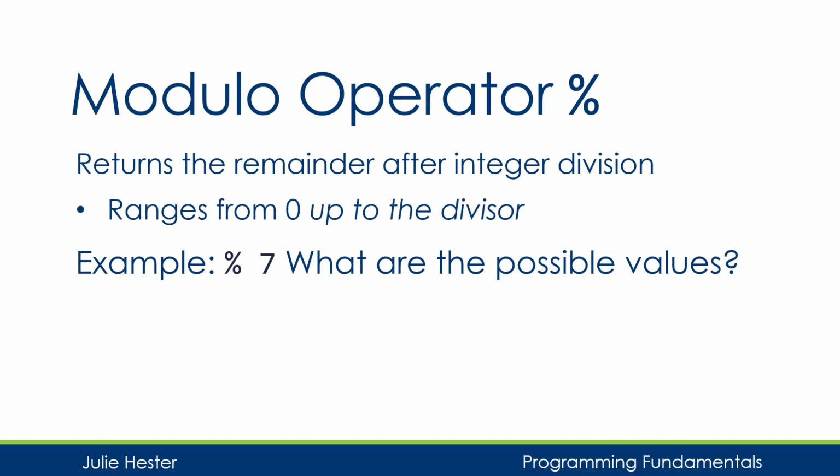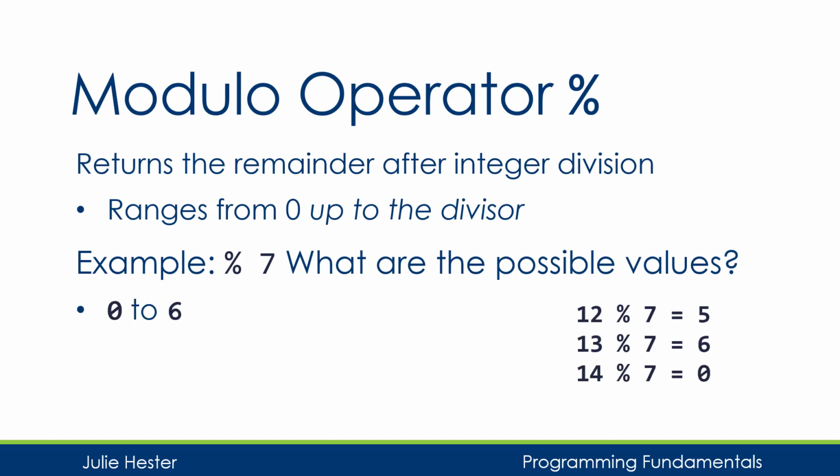If I have an expression that says some number mod 7, what are the possible values I can see? This operator is going to return values from 0 to 6. The reason for this is a little easier to understand if we look at the example of 12, 13, and 14.